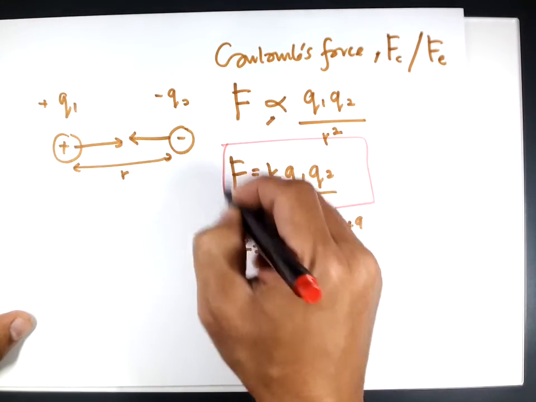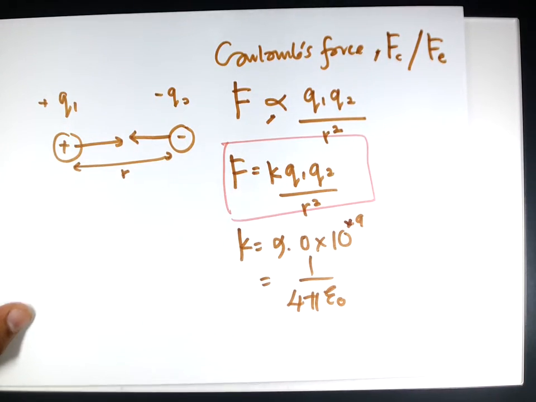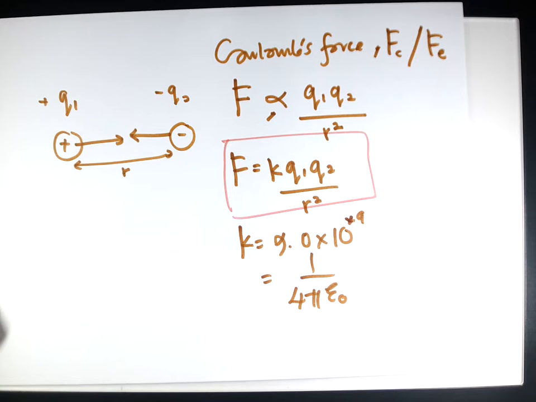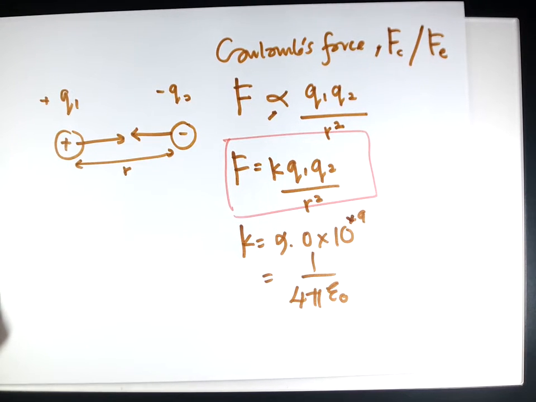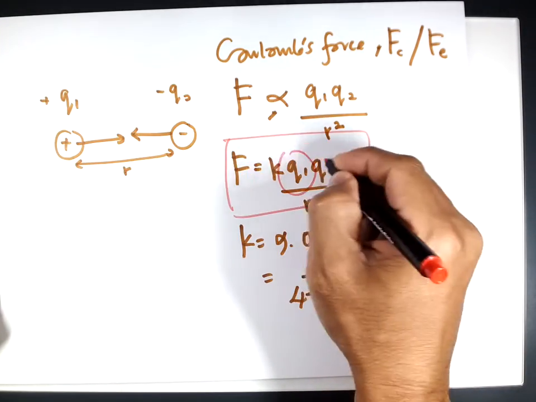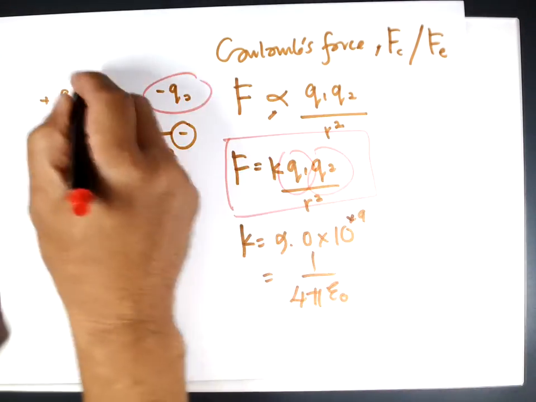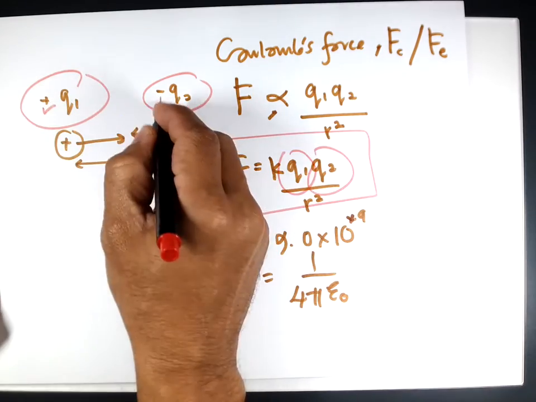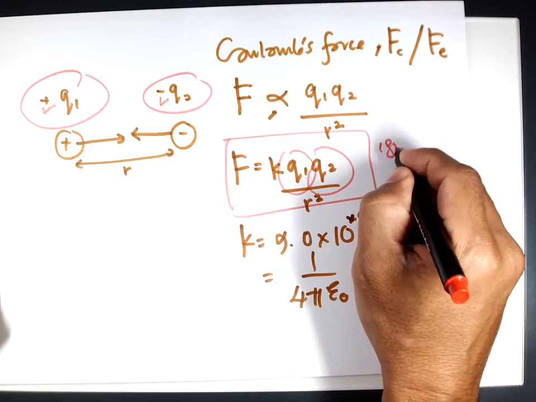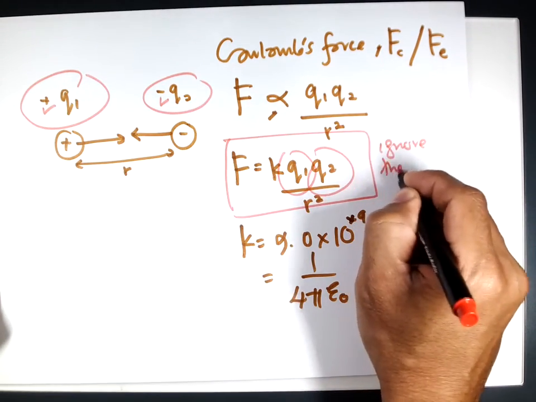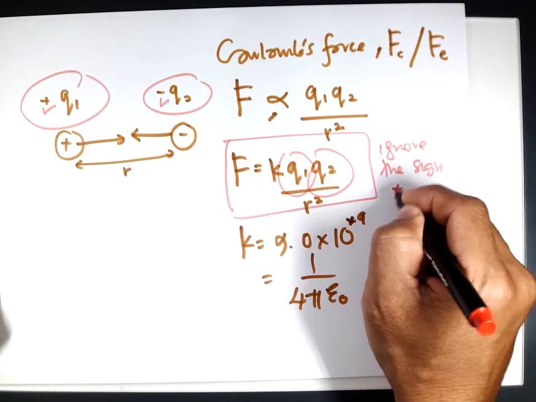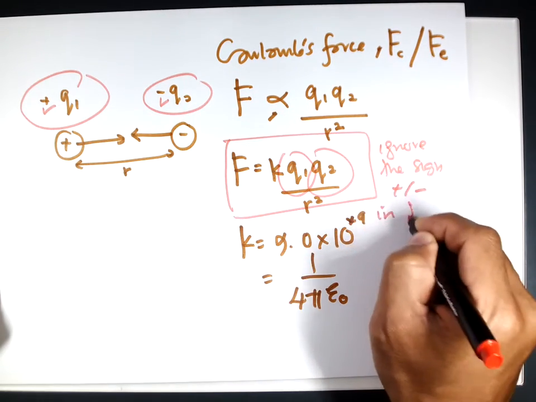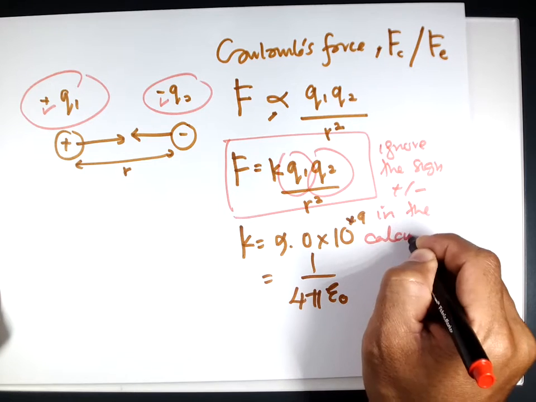To use this equation, please remember, everything in SI unit, that's number 1. Number 2, Q1 or Q2, even if it's positive or negative, ignore the sign in the calculation.